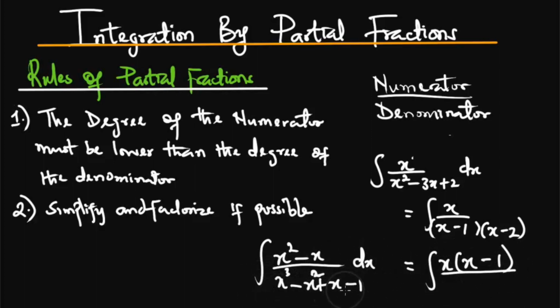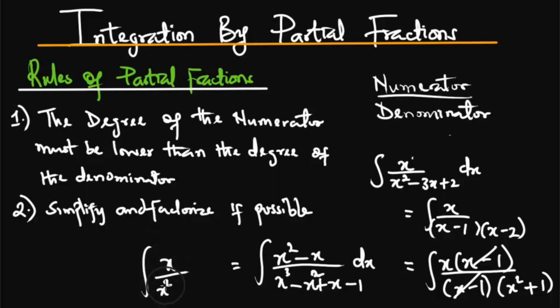When we factorize this, we're going to have x minus 1, right? x squared plus 1. Okay, and so this cancels out and we are left with the integral of x over x squared plus 1 dx. So we have easily simplified to this point.